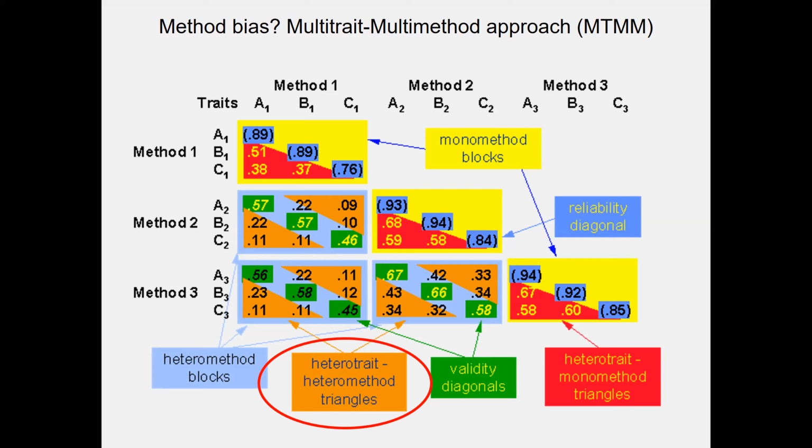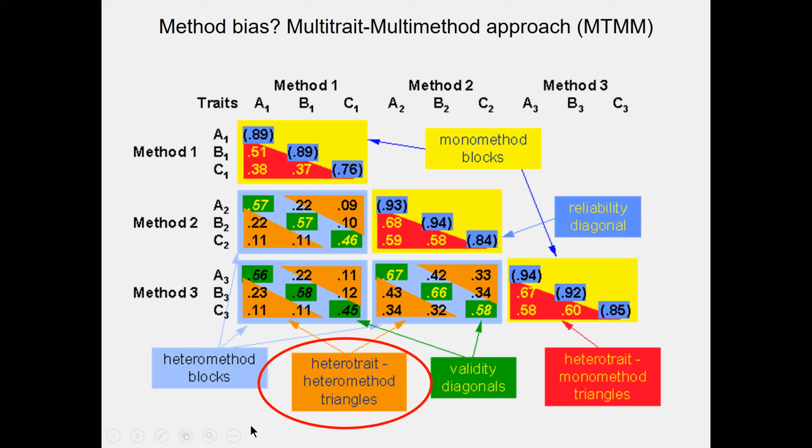Both things are different, so you would expect these to be low. So let's look at the bottom left-hand corner, value 0.23. This is method 3, which would be spousal report on trait B.